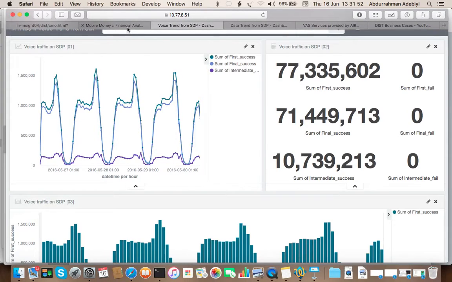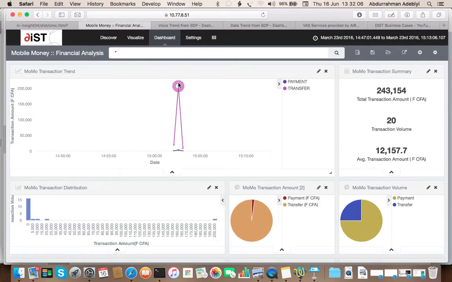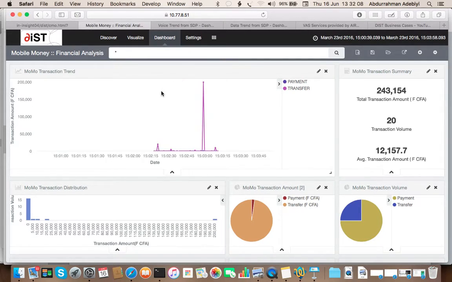Okay, fantastic. Let's check out the mobile money. Although this was traffic that was taken for a few seconds for the mobile money, by the time you zoom in, it's pretty impressive how this little dot blossoms into much information.